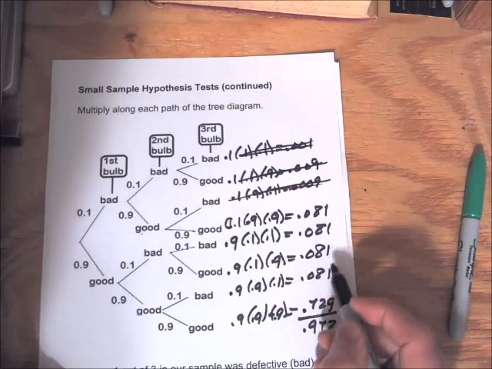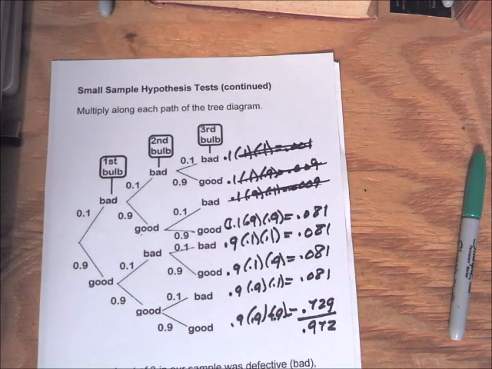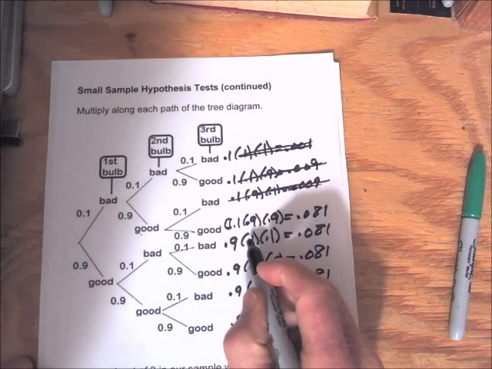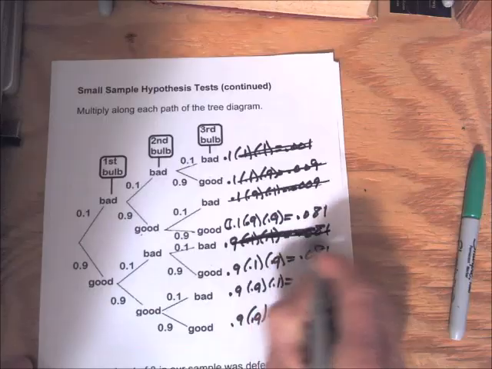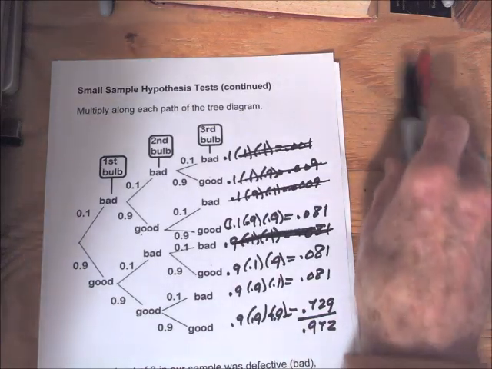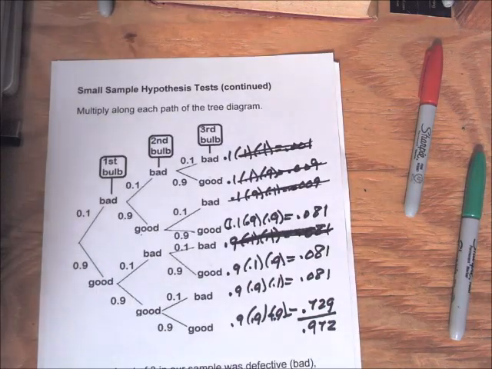We only need the paths with at most one bad light bulb, and these add up to our p-value of 0.972.